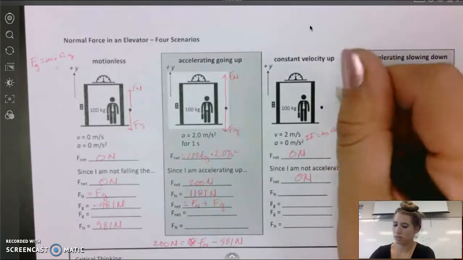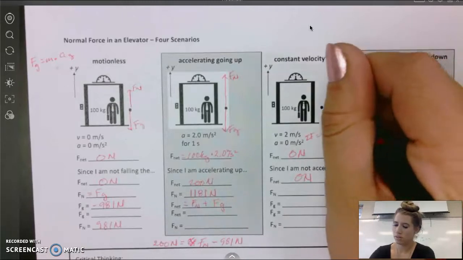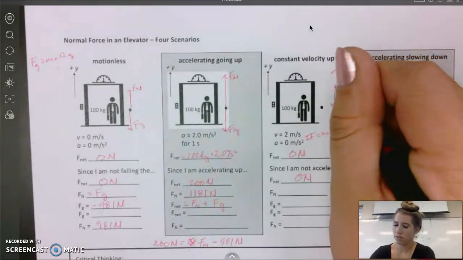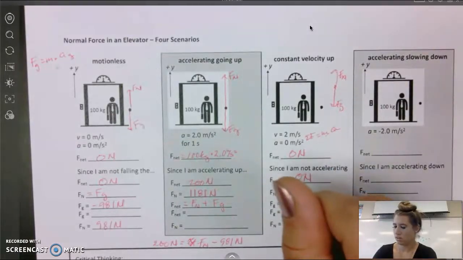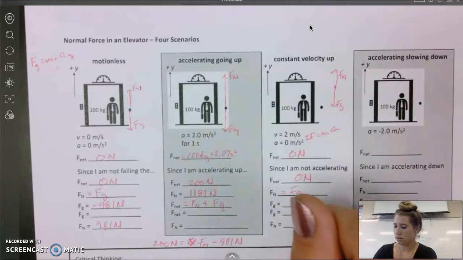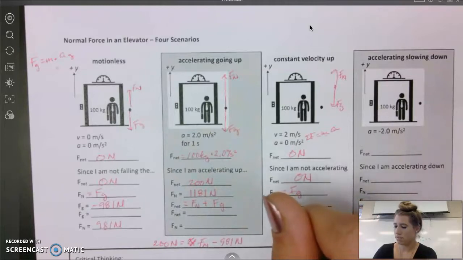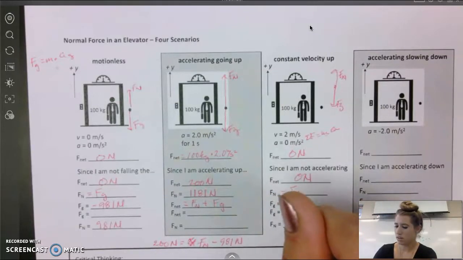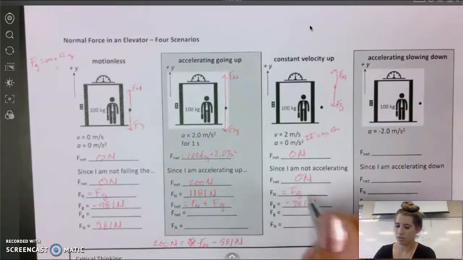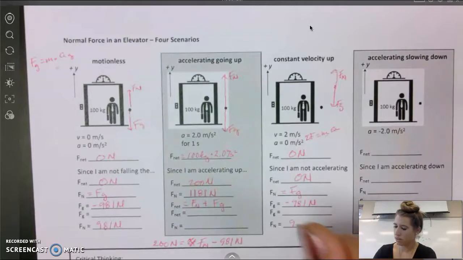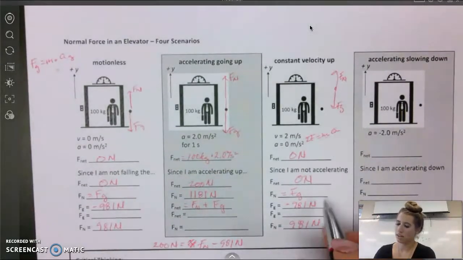And so the normal force is going to equal the force due to gravity. The force due to gravity is negative 981 newtons, and magnitude-wise it'd be 981 newtons, because when we add those together, we should get 0.